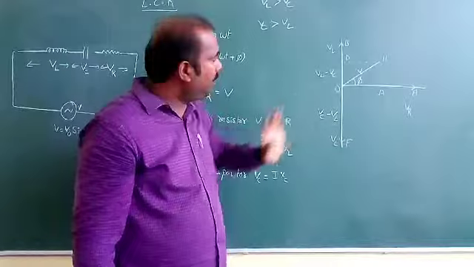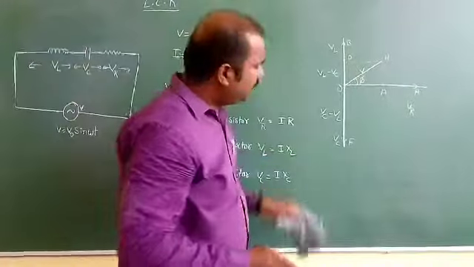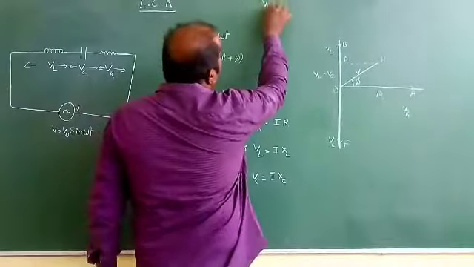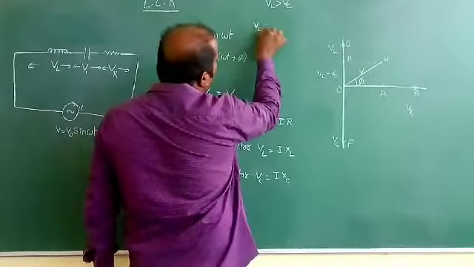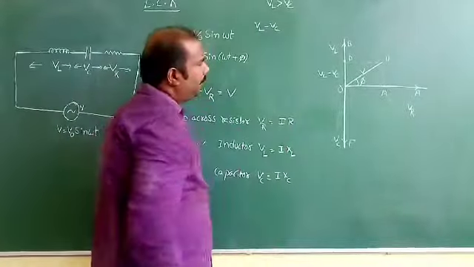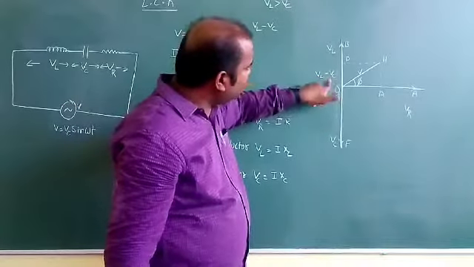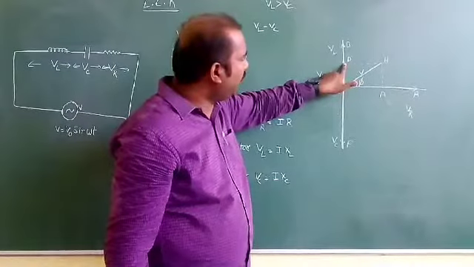Suppose for this question I am taking VL greater than VC, the resultant is given by VL minus VC. So the resultant of these two, VL and VC, is VL minus VC, acting along the line OD.